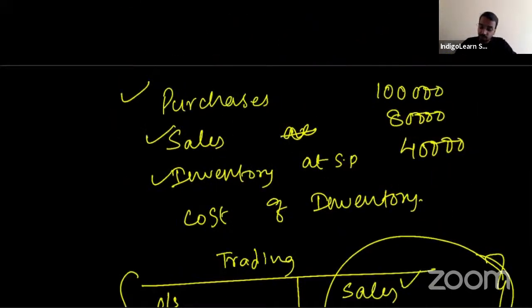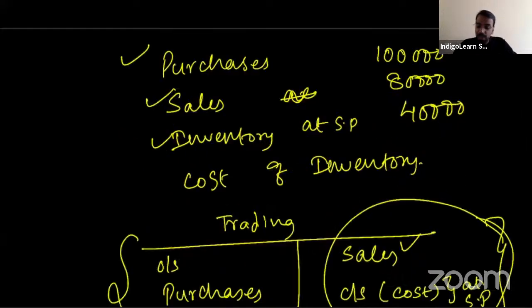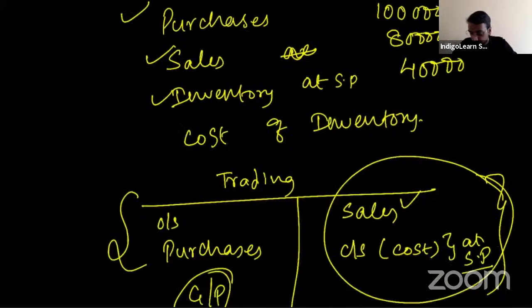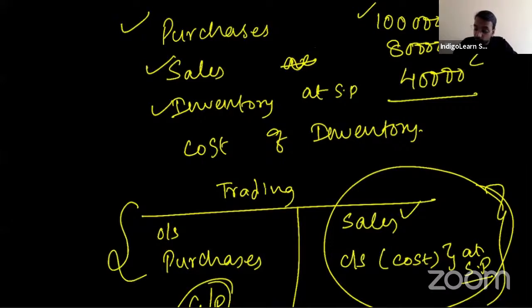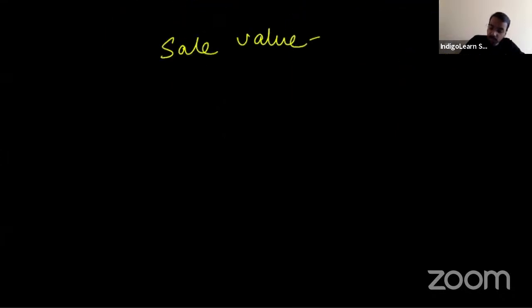Now, we're using similar logic. Here, 1 lakh is my cost. Both of these put together is my sale value. So cost is 1 lakh, sale value is 1,20,000.